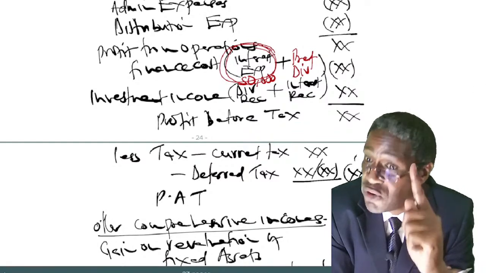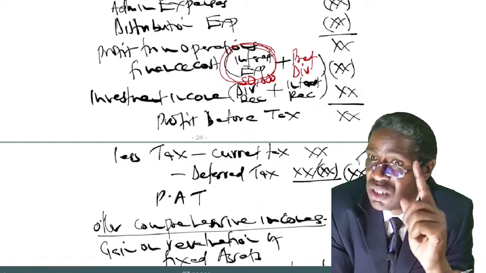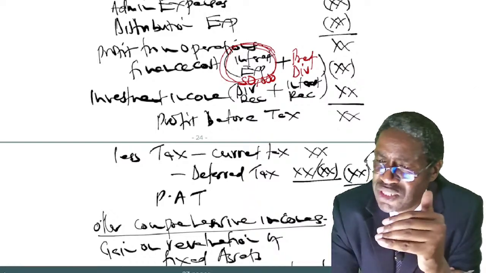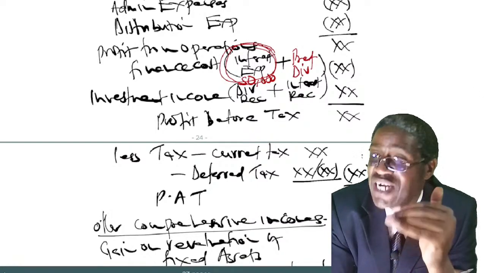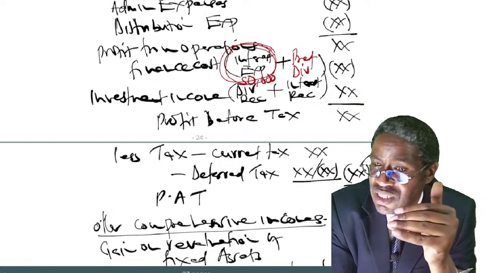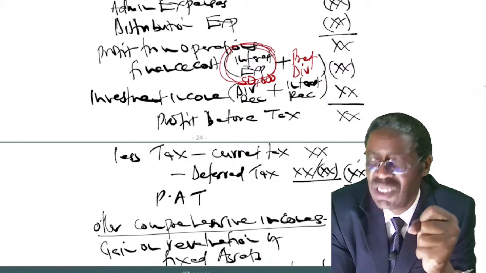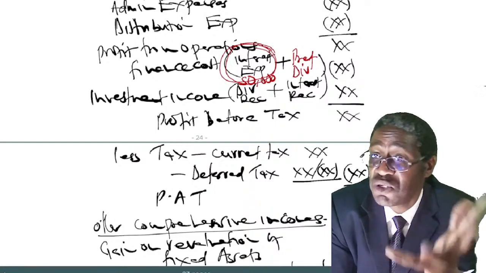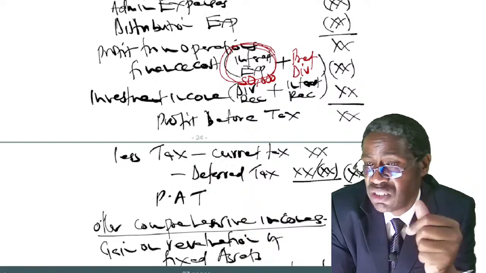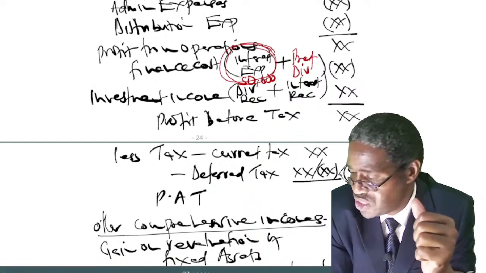While for the non-redeemable, their dividend is considered as an appropriation of profit in the statement of changes in equity. I hope you have understood that now.